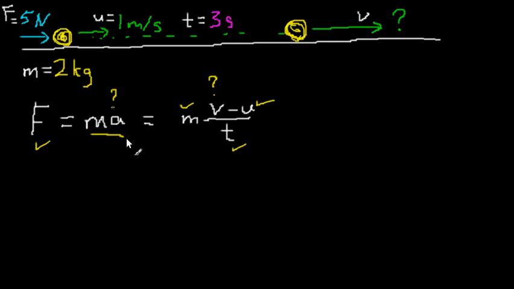So let me start with F equals ma. We know F and we know m and we want to find a. Let me find a first before I try to find v.